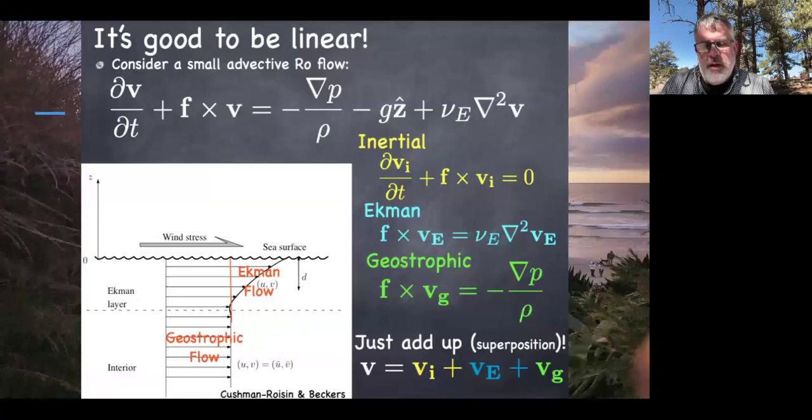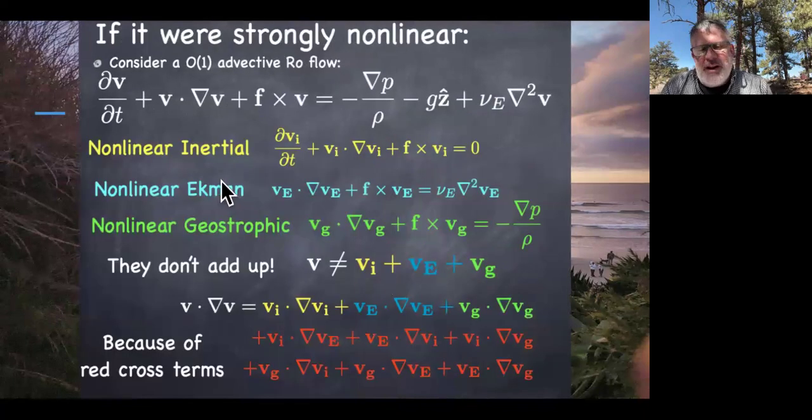Okay. So, what if it's not a totally negligible advection term? Well, we could try and play exactly that same game, but keep this nonlinear term. And then each one of these budgets gets another term, which is proportional to kind of two velocities in it.